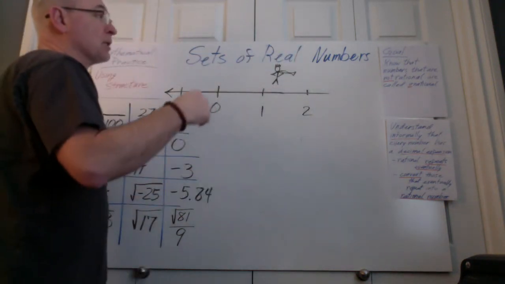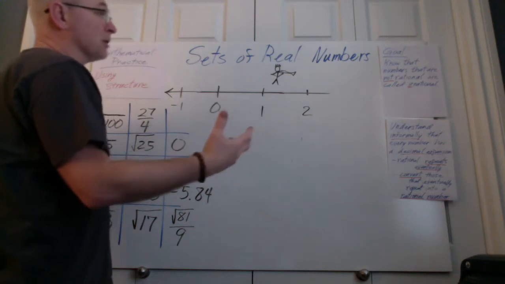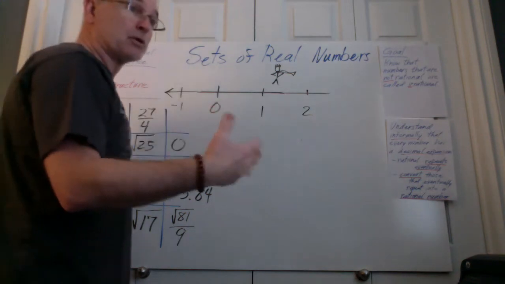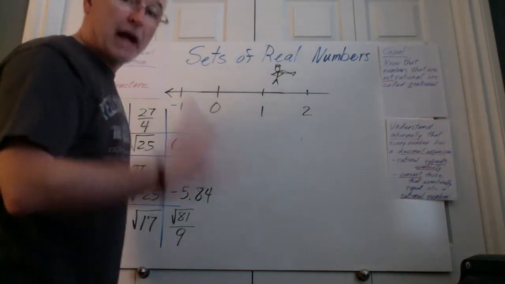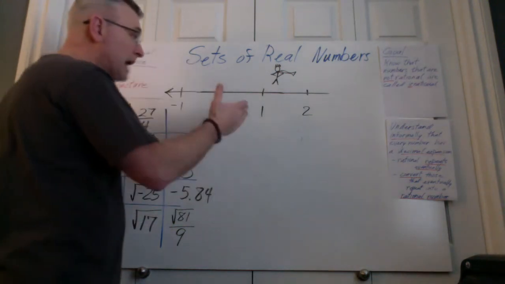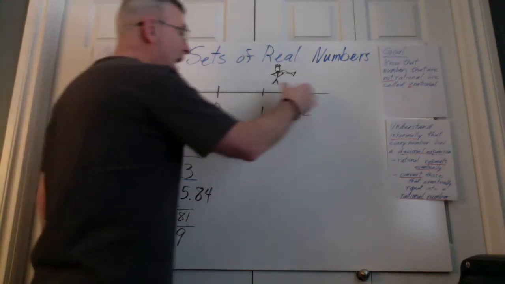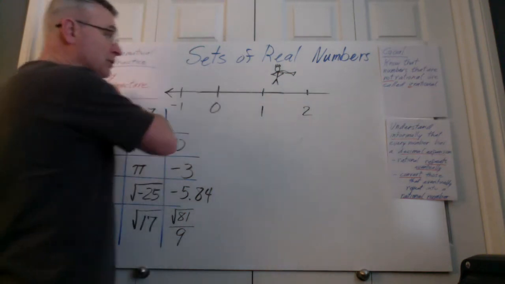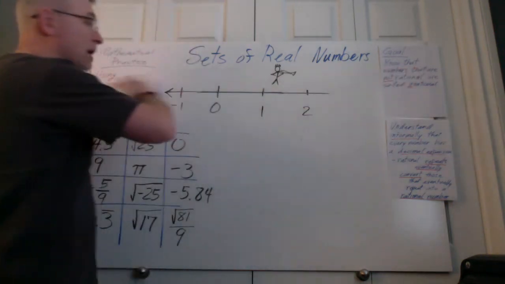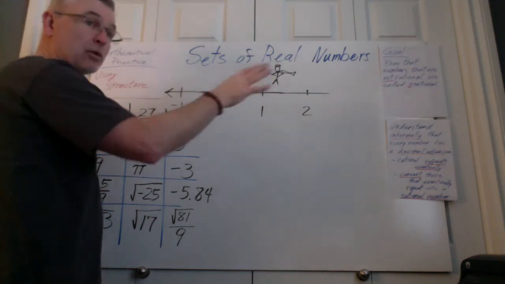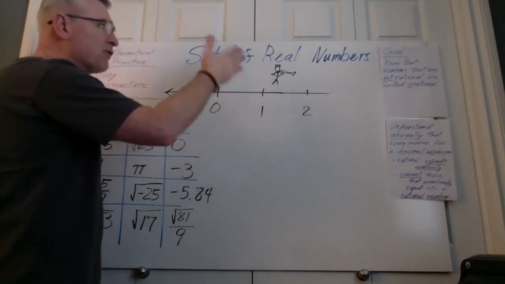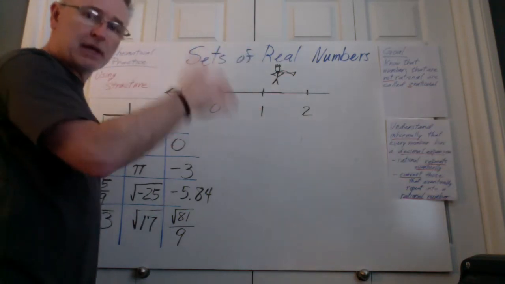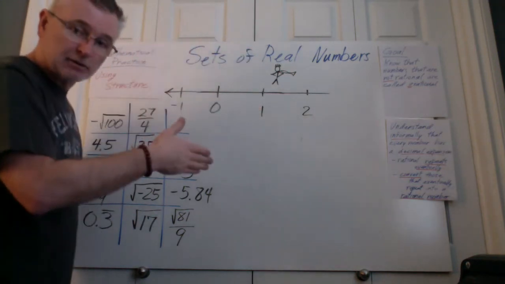However, the rational numbers filled in these gaps, so the domain of the rational numbers is positive and negative, toward negative infinity and positive infinity, except for the places where the irrational numbers are.